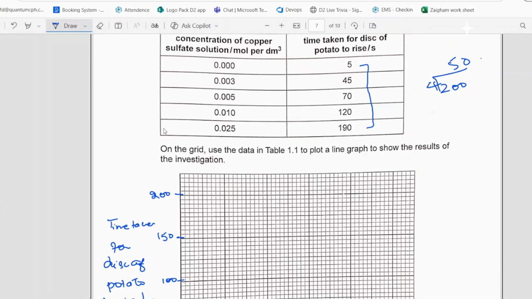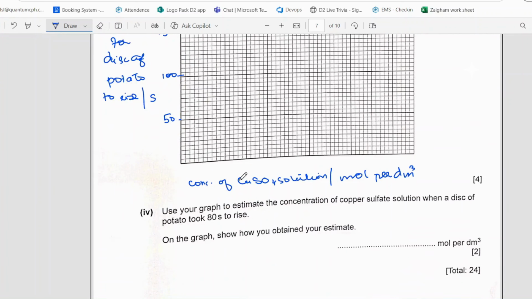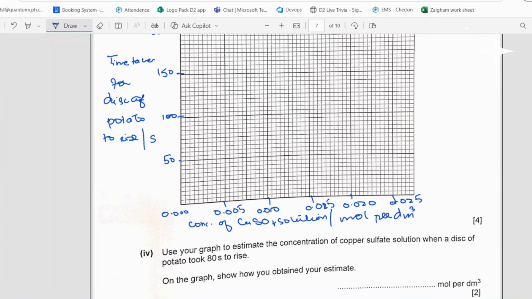We have a reading till 0.025, and how many boxes do we have? We have 1, 2, 3, 4 and 5 boxes. So we divide by 5, it would be 0.005. So we write 0.005, 0.010, 0.015, 0.020 and 0.025. This is how we determine our scale.